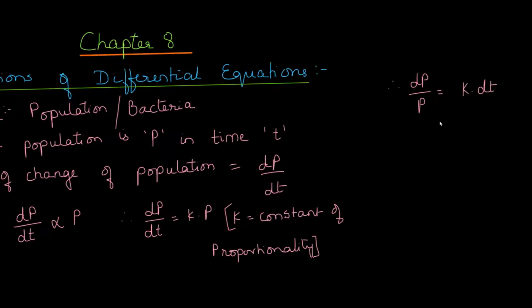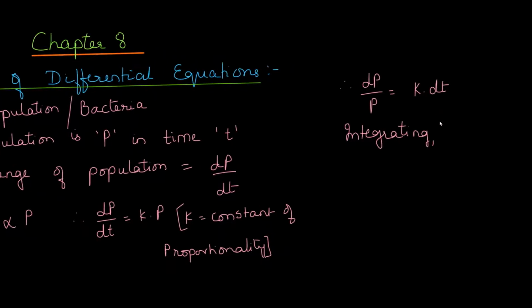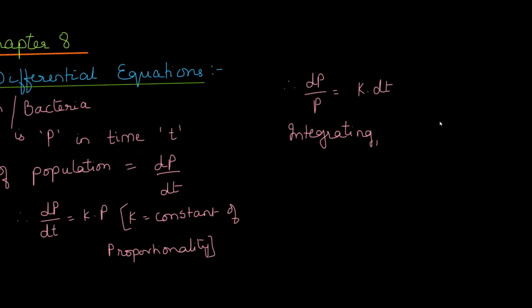As you can see, the variables have been separated over here. So now integrating, we get integral dP by P is equal to integral k dt plus c, where c is a constant of integration.